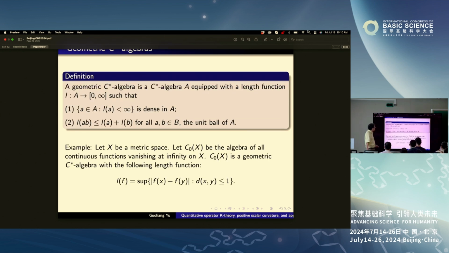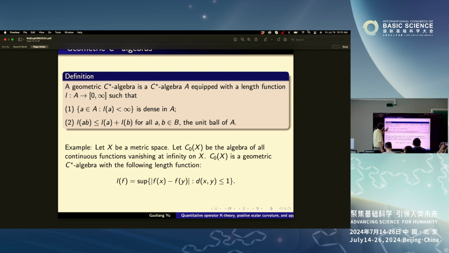Actually, to incorporate the size of scalar curvature or things like this, we need an extra structure on the C-star algebra. We call it a geometric C-star algebra, imitating the language from geometric group theory. It is a C-star algebra with a length function on it.